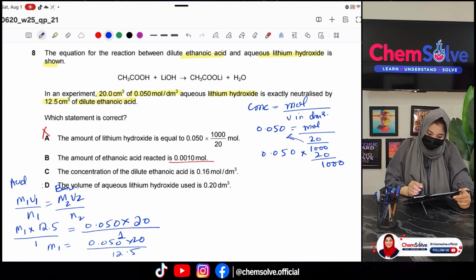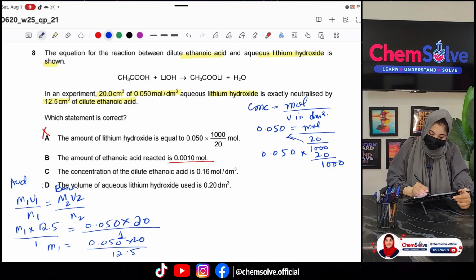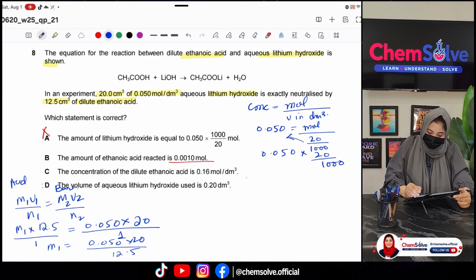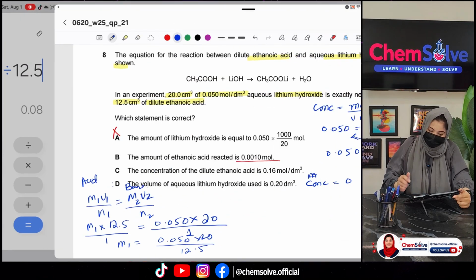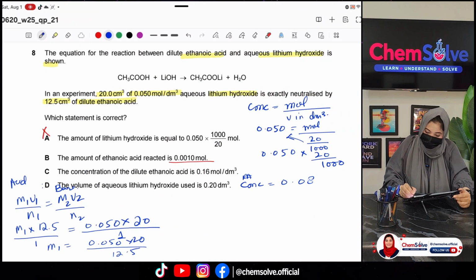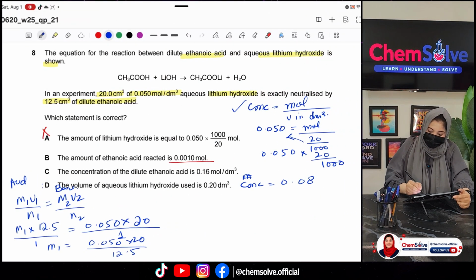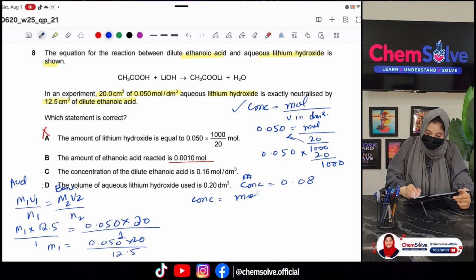So I got the concentration of the ethanoic acid as 0.08. Now I will put again this formula for ethanoic acid. So concentration is equal to mole over volume in dm³.